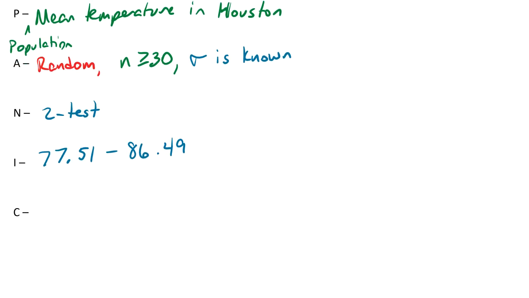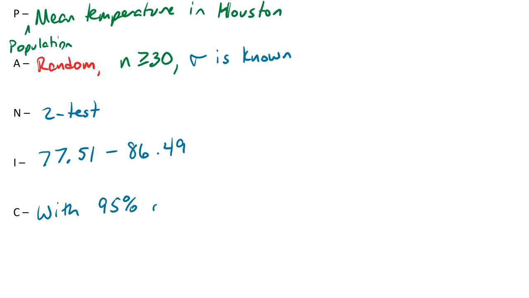So all that's left to do is to state our conclusion. And remember, this is just fill in the blank. All right, so it's with our confidence, which was 95%.